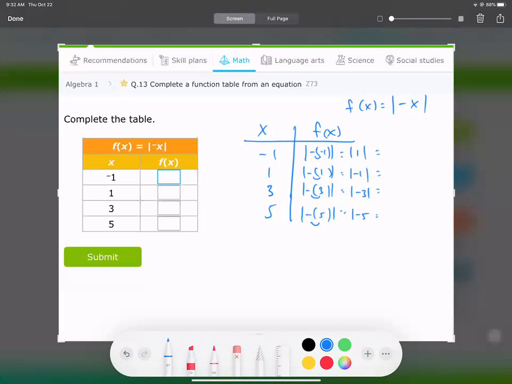But I'm still showing the work because as problems get harder, you want to be able to fall back on the work that you already know how to do. So 1, 1, 3, 5. Once you get good at this, we can do more mental math. But right now, I want you to make sure you know how to set it up.